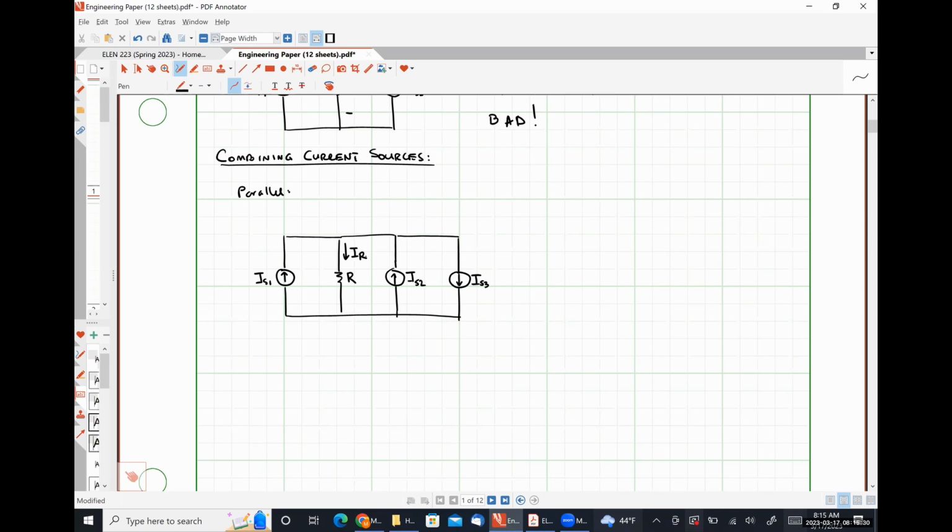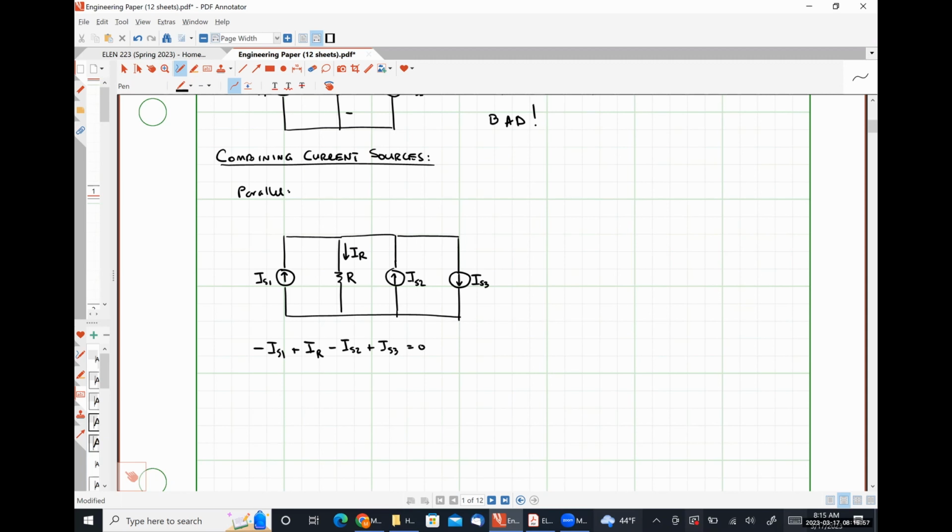Okay. If I apply Kirchhoff's current law at the top node, where currents that are leaving are positive, what I will get is negative IS1 plus IR minus IS2 plus IS3 is equal to 0.